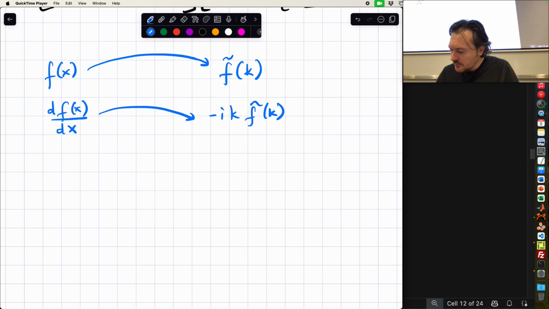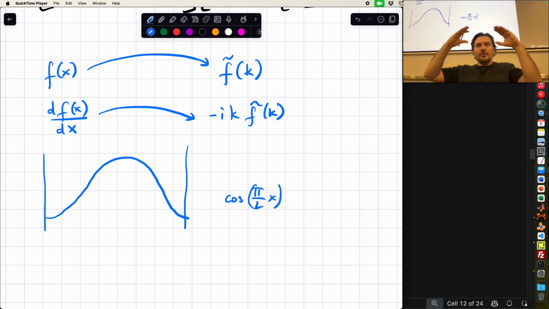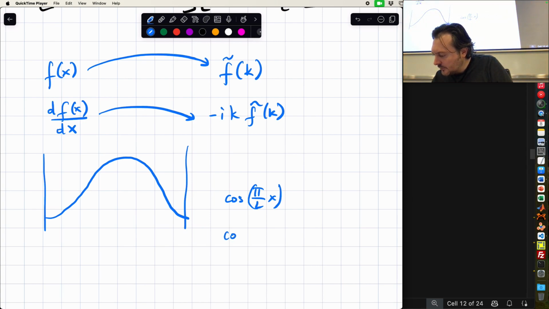Now, first of all, the most important thing here is that, do you remember that if you start with a cosine, and take the second derivative, it just gives you cosine back, right? Now, what if you took cosine 2 pi over Lx?